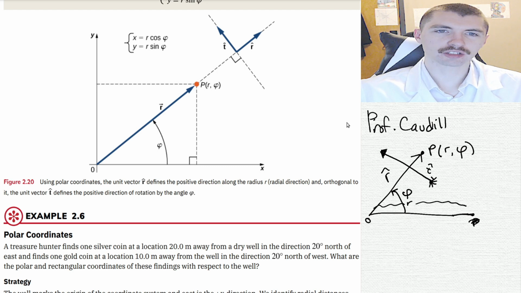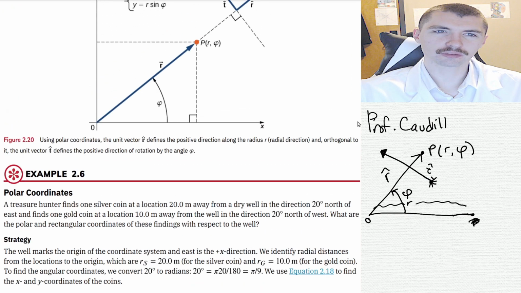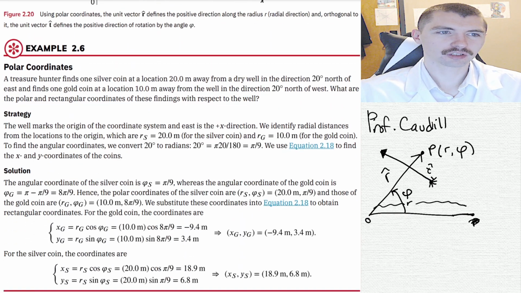So vector T defines the positive rotation. Vector T doesn't make sense totally to me yet, but let's see if we can get there.